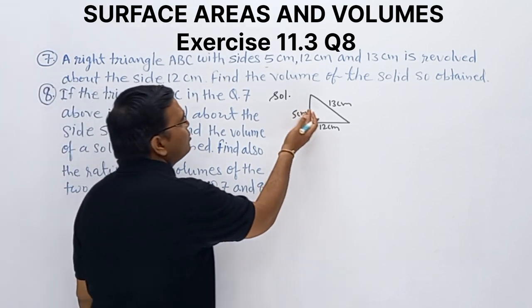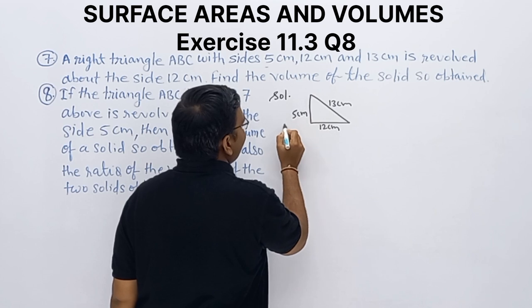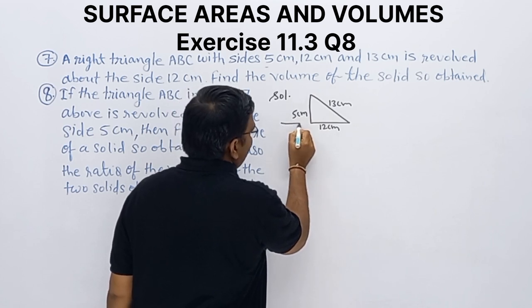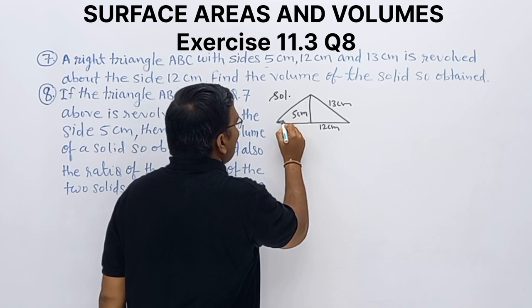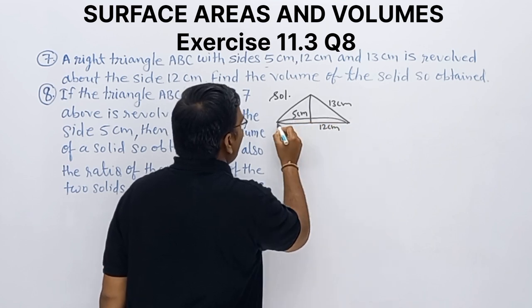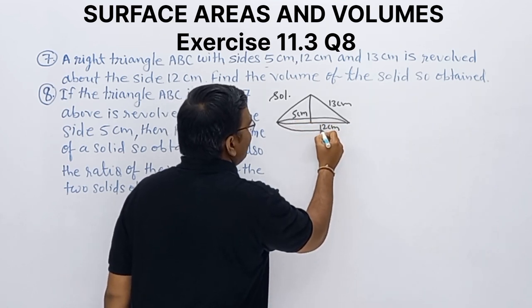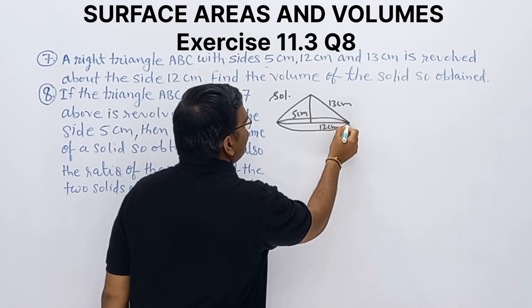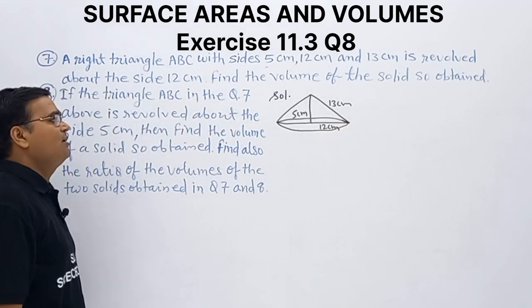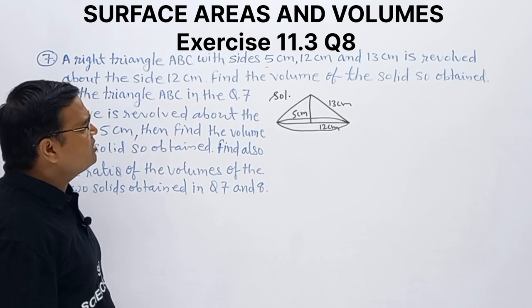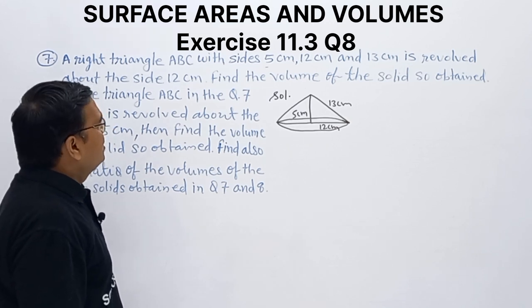When we revolve about the 5 centimeter side, we get one solid, and that solid is a cone. Clear? This is the cone.